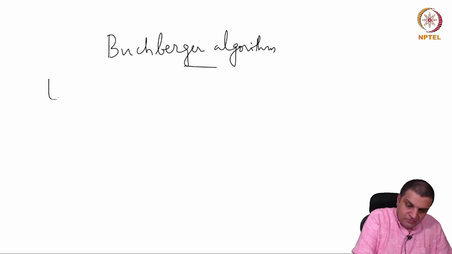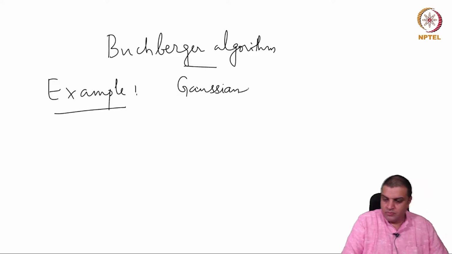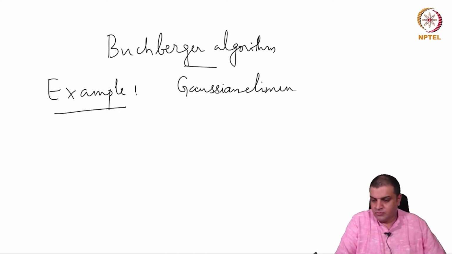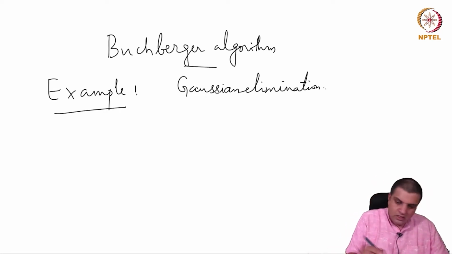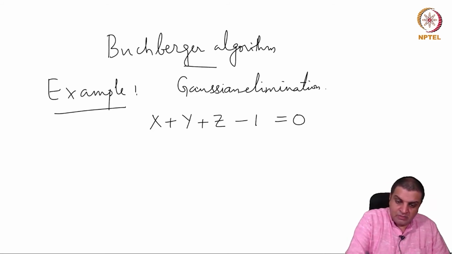Okay. So the first example is Gaussian elimination of solving linear equations. So let's say we have two polynomials, x plus y plus z equals 1. I'll write it as x plus y plus z minus 1 equals 0. Let's mark the leading terms.